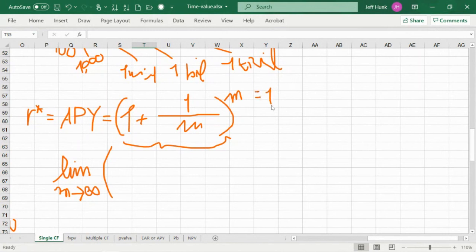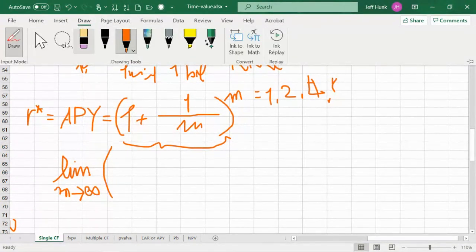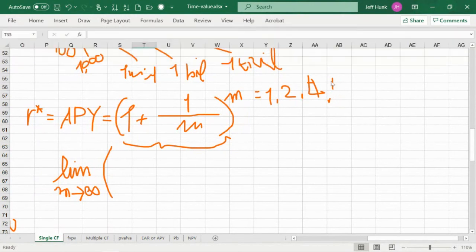Compounding frequency, and so far all you knew was it was 1, 2, 4, 12, 365, 52 there was also, right?